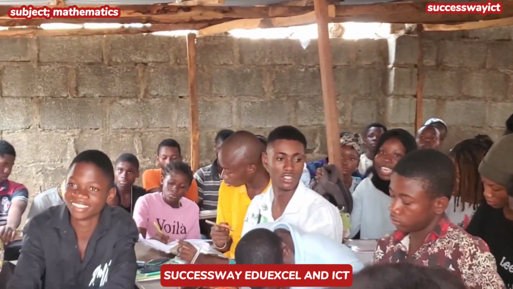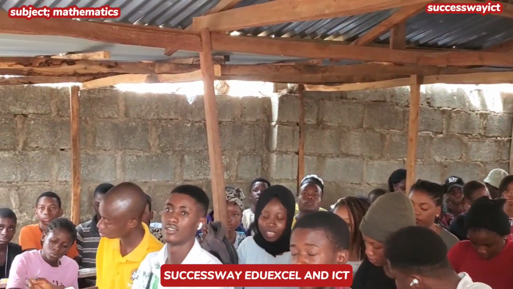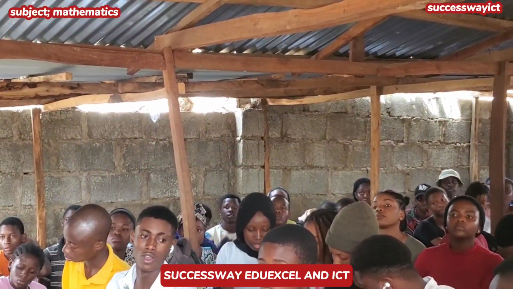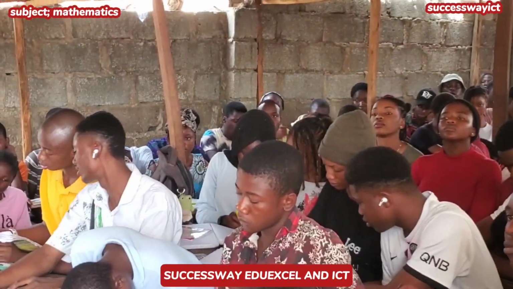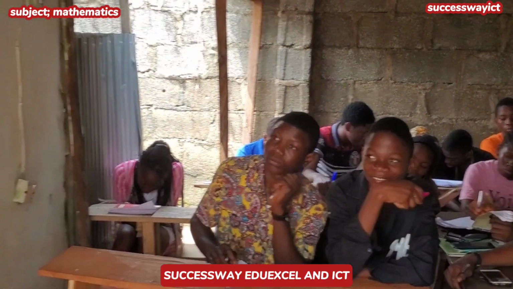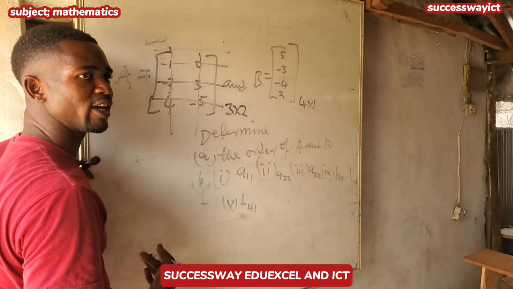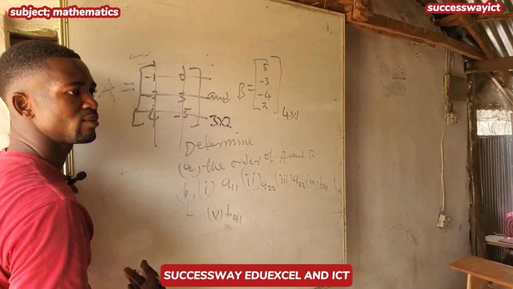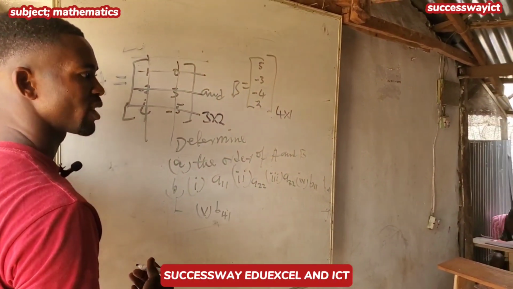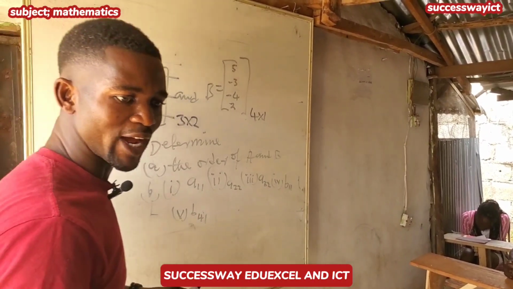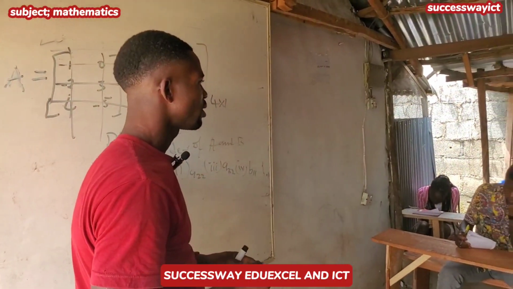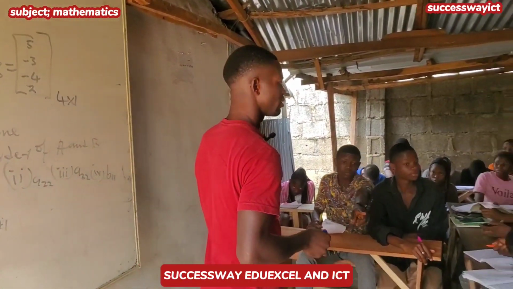Question A, isn't it? If somebody has given you his or her own, just mark that A first. 3 by 2 and 4 by 1 matrix. Can you just mark that now? The one I gave to you, are you marking it?